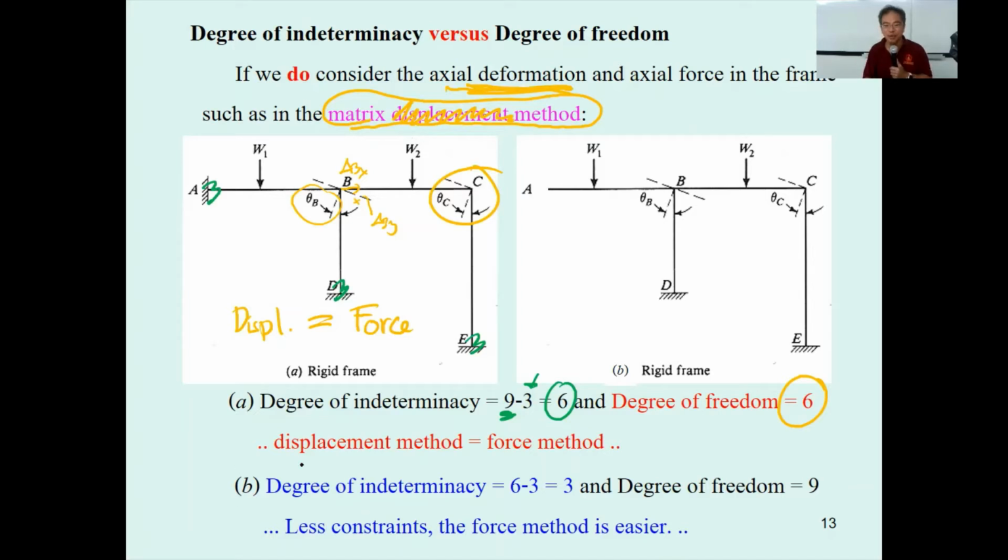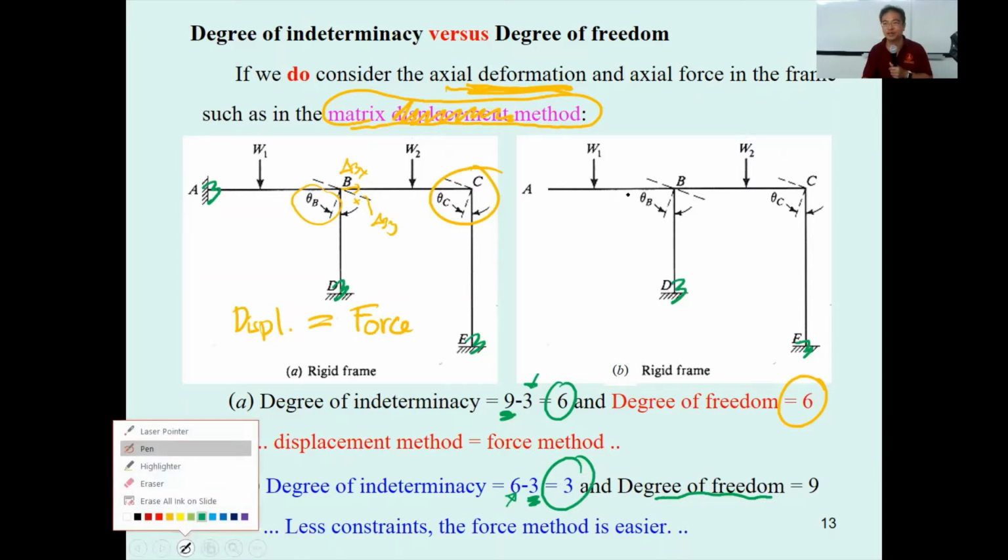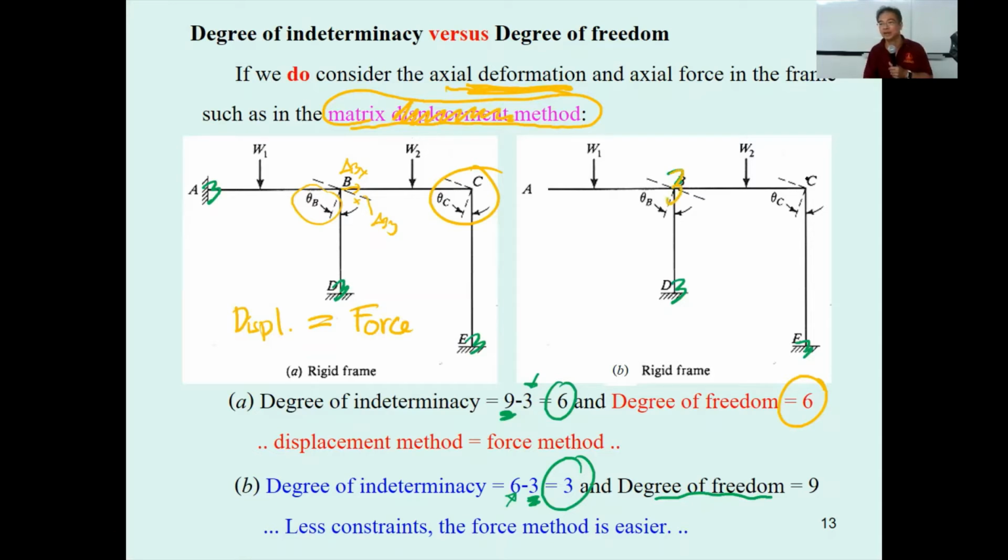And then if you come to this problem, again, you have the unknown of this one for 3, this one for 3, and then you get 6 minus the number of equations, 3, which is 3 degrees of indeterminacy. However, if you consider the degree of freedom, as we were just talking about, this is going to be 3, this is going to be 3, and this one also is going to have 3. So the total is 9.